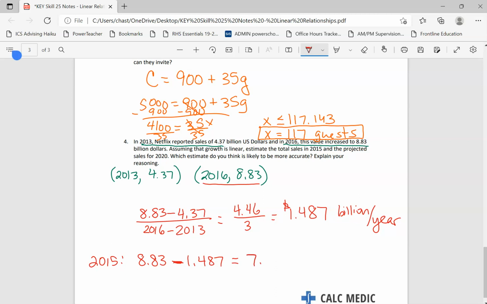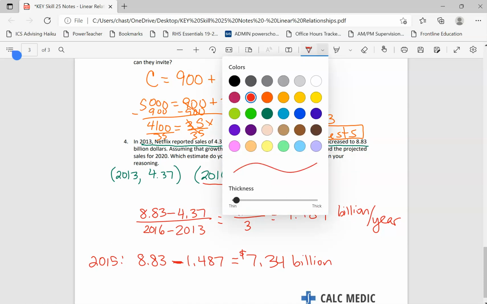That's going to give me $7.34 billion. Okay. So in 2015, it was about 7.34 billion.